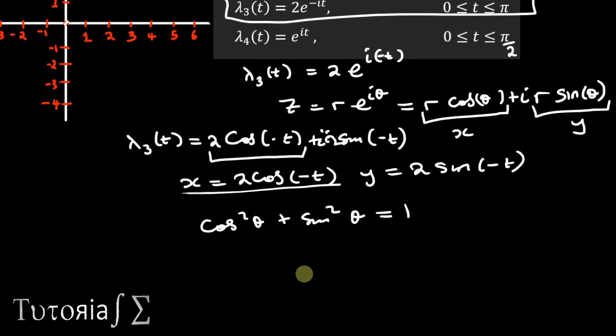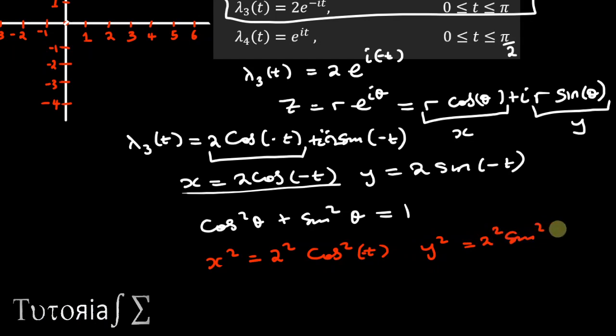So we can square both sides of this equation. We're going to have x squared equals 2 squared, then cos squared of negative t, then y squared equals 2 squared sine squared of negative t.